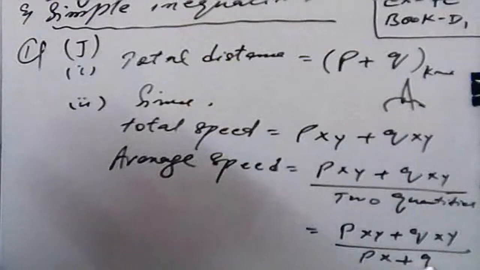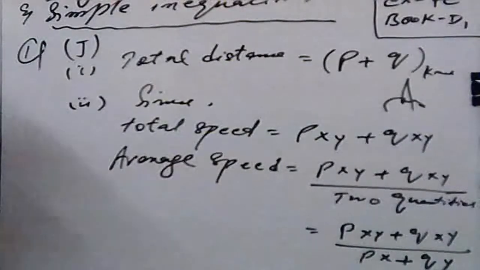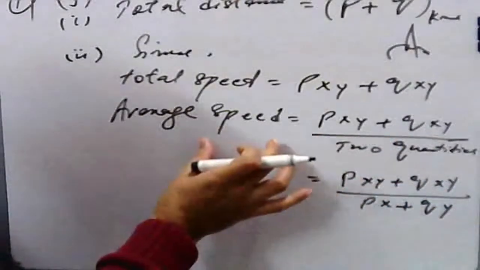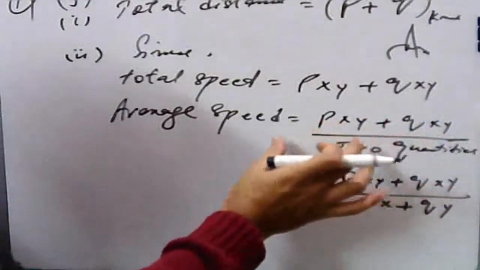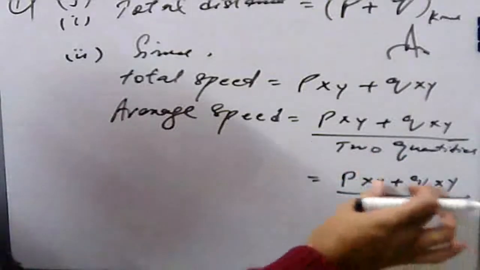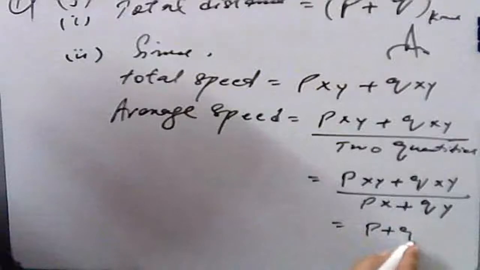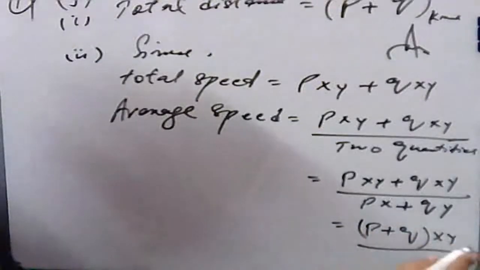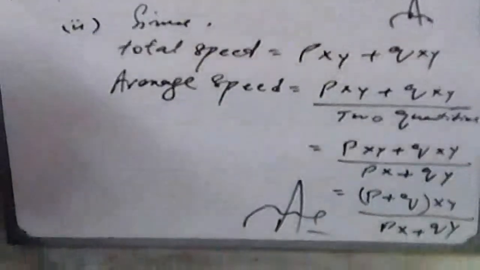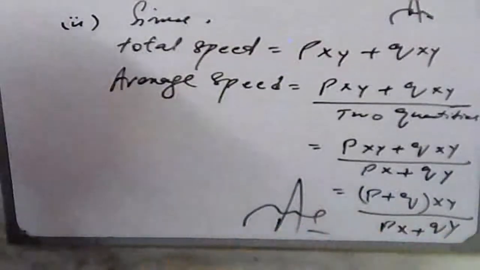But here the 2 quantities are: p kilometer distance covered by a car travelling x kilometer per hour, and the second quantity is q kilometer at speed y kilometer per hour. So that is your formula.